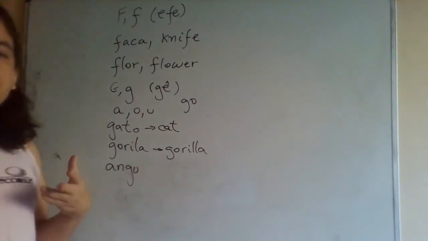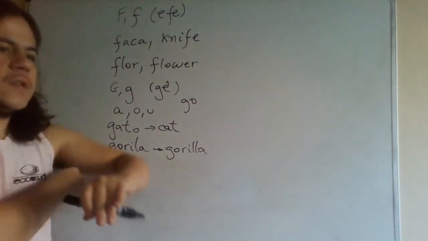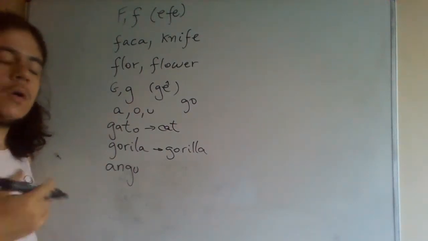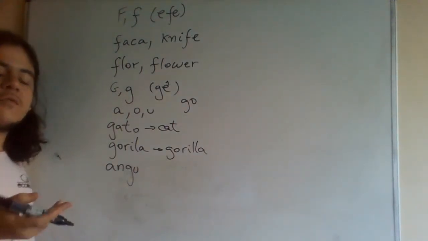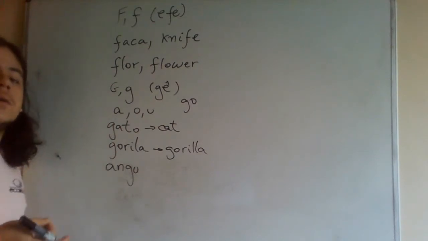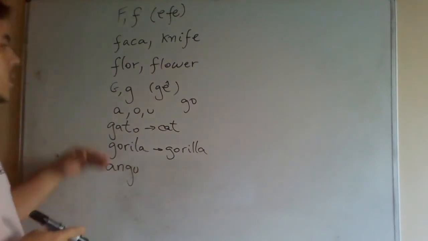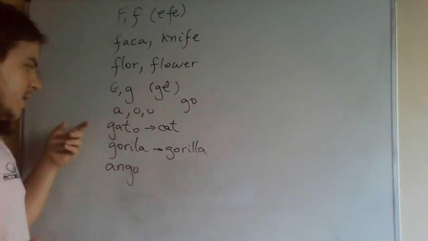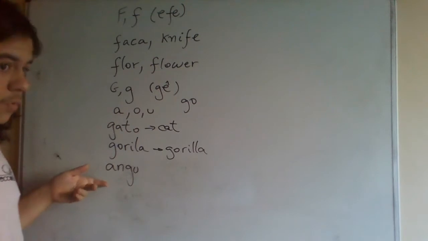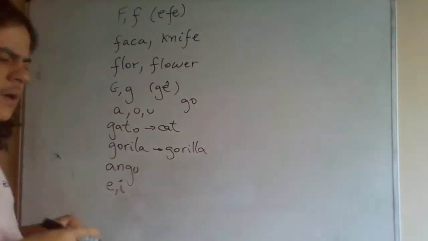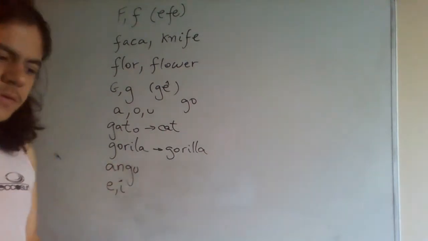Angu is a typical dish from Brazilian cuisine. This dish was carried over by the African slaves. It's prepared with cornmeal. It's delicious. So, before letters A, O, U, hard sound. Gato, gorila, angu.